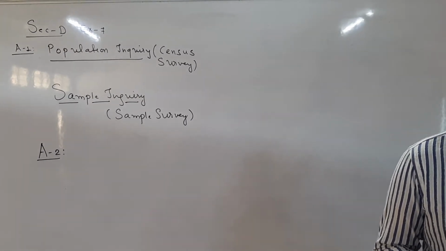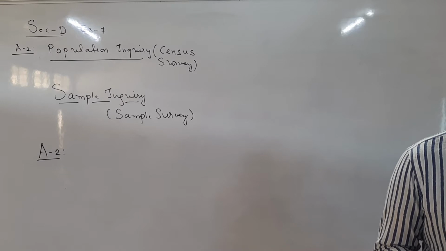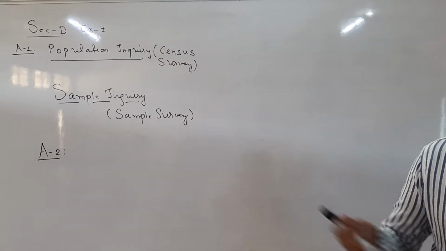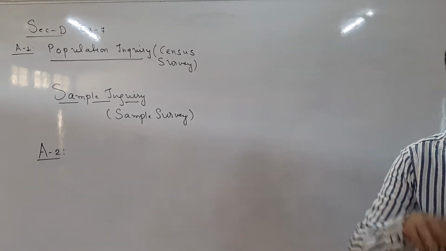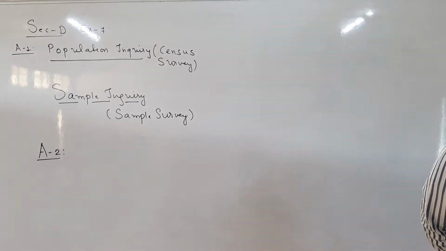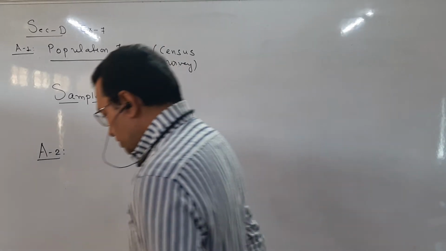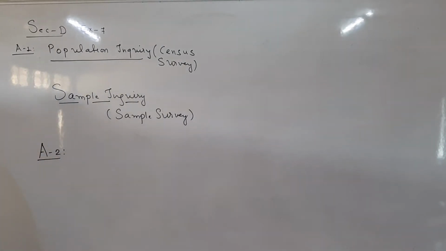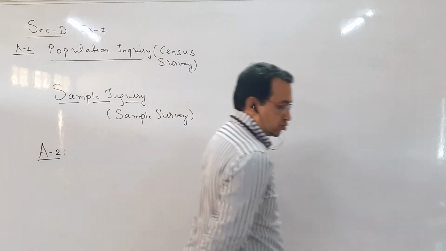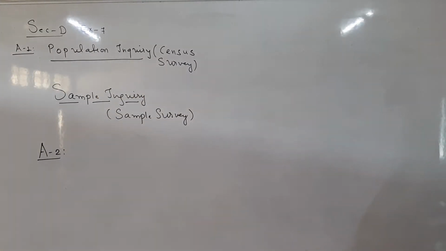Population inquiry: an inquiry in which each and every unit of the population is studied or inquired. On the right hand side, sample inquiry: an inquiry in which only sample units are studied or inquired.